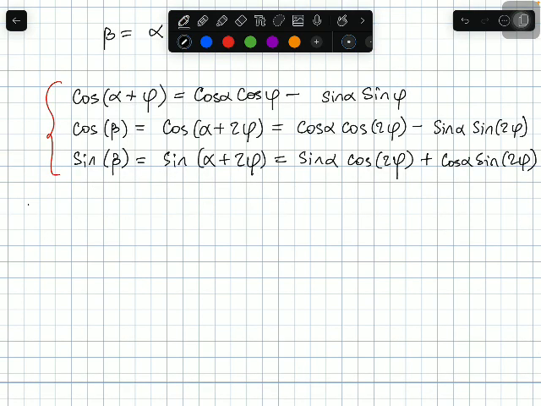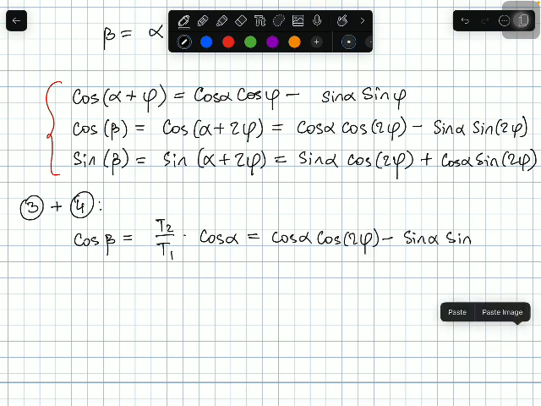Now we can use these trigonometric identities along with the combination of equations 3 and 4, where cosine beta equals t2 over t1 times cosine alpha, which in turn equals cosine alpha cosine 2 phi minus sine alpha sine 2 phi.